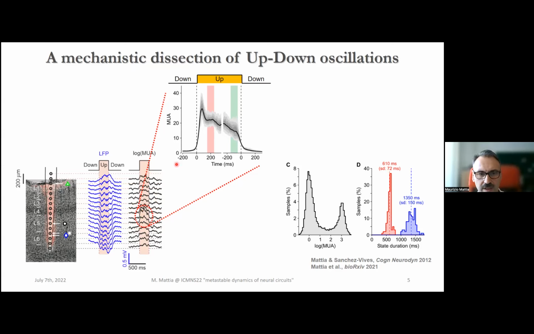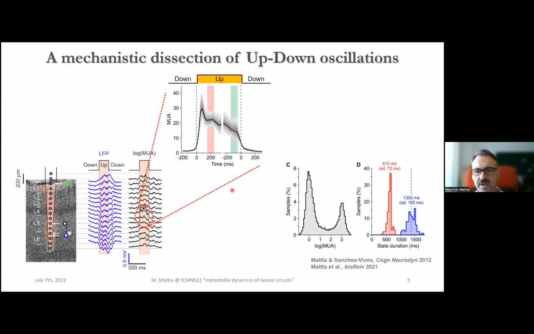And if you zoom in and you average across several up states, you see that this is the average shape of the cycle down, up, down, at the level of the synchronous state induced by anesthesia in this case. If I remember, this is ketamine anesthesia.